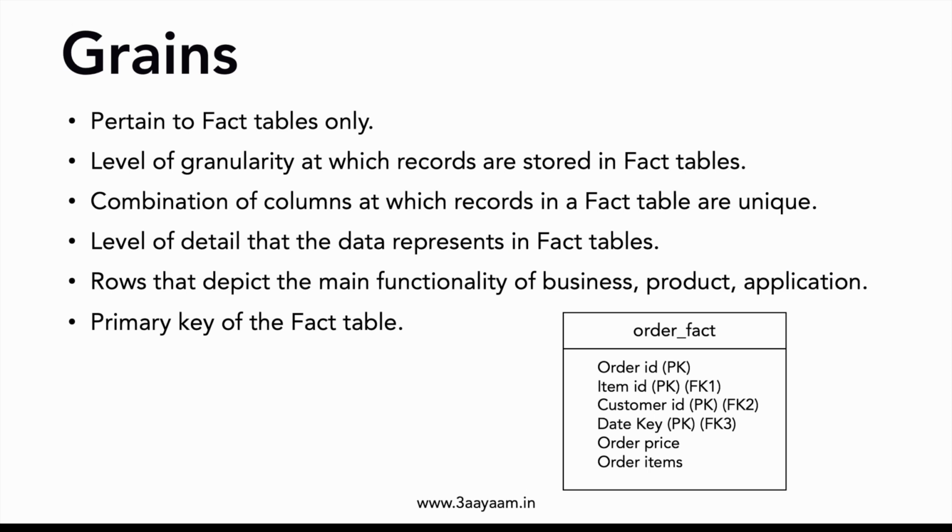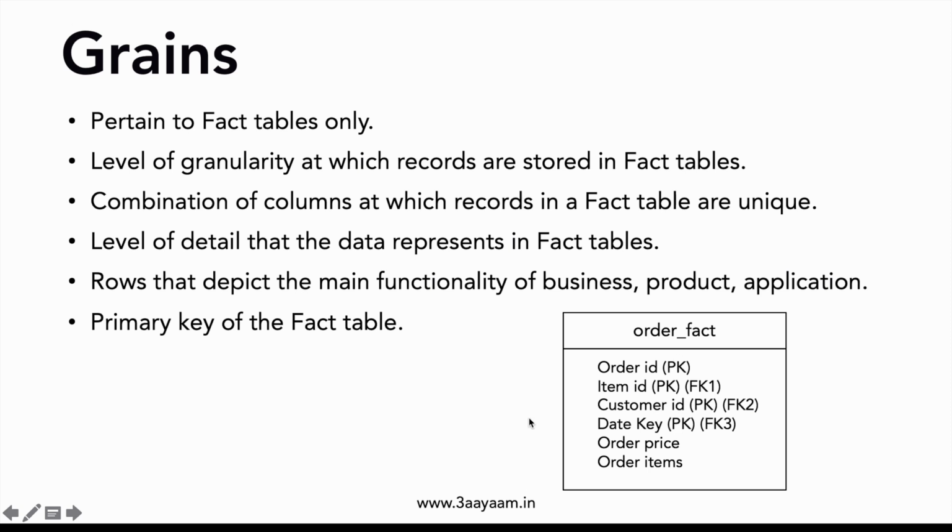Whenever someone buys something, they buy at the lowest granularity at which someone can buy something. In case of retail, it is the item. So the individual item drives the retail business. That's why the grain of this fact table is individual items. And if we combine order ID and item ID, then we get the unique key also.